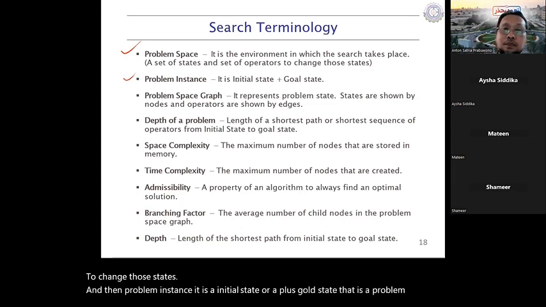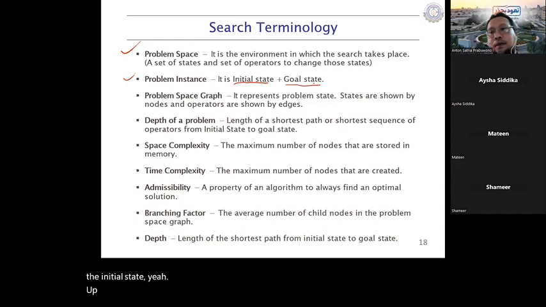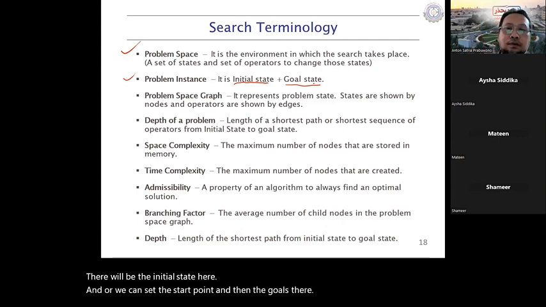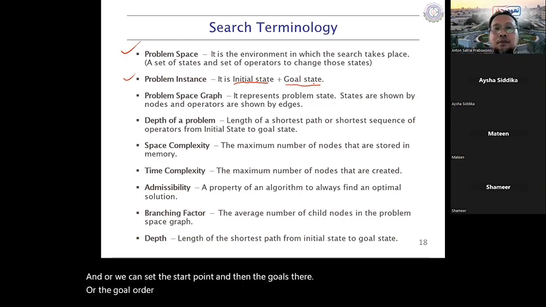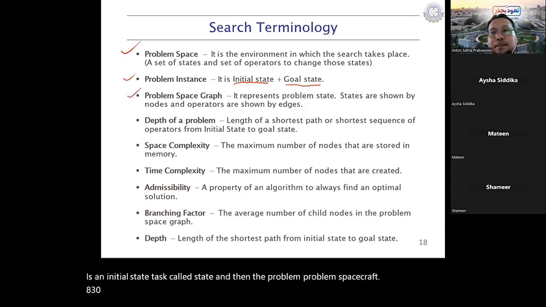So the initial state up to the goal state. As I mentioned in the previous slide, there will be the initial state, or the start point, and then the goal state, or the destination. So the problem instance is initial state plus goal state. Then the problem space graph represents the problem states.